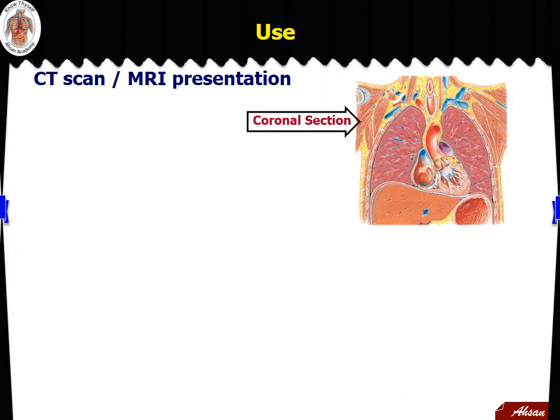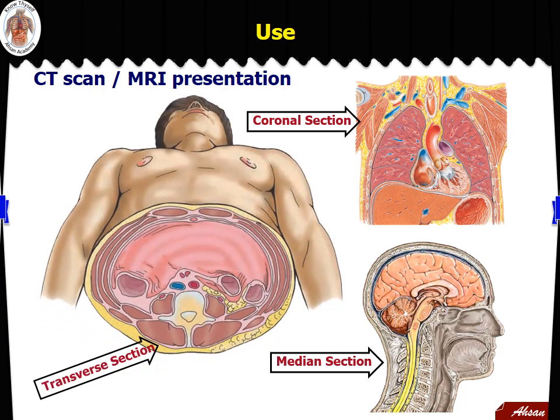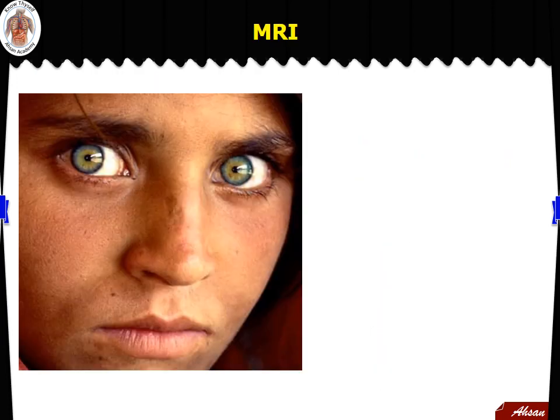You see, this is the coronal section of the human chest, and we can see this is the median section of the human head, and this is showing the transverse section through the belly. So all anatomy in the sections are reflected in investigation.